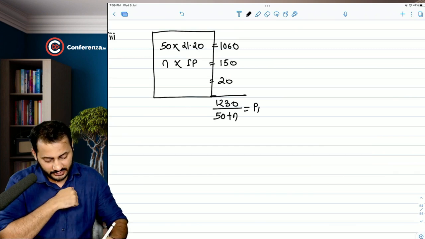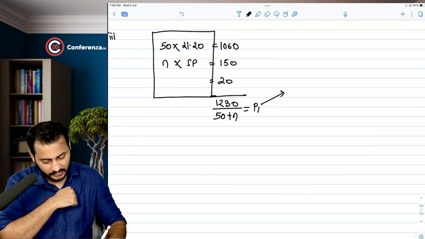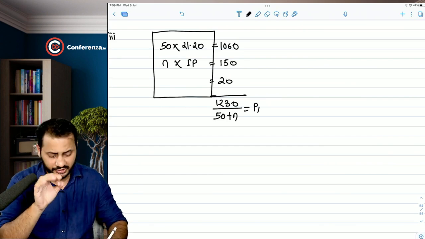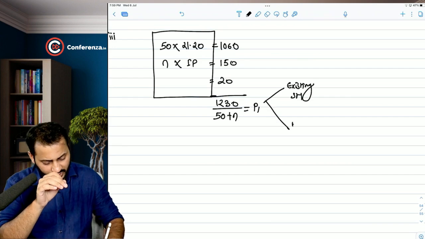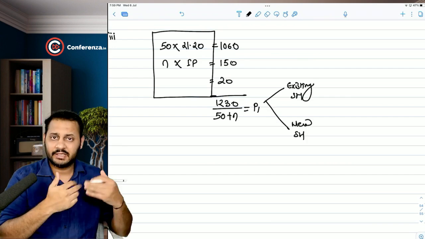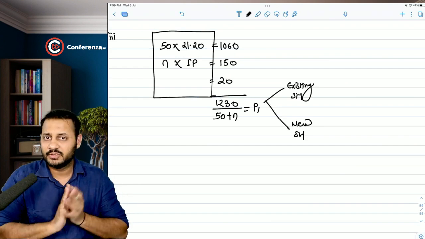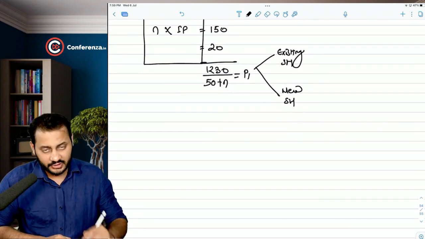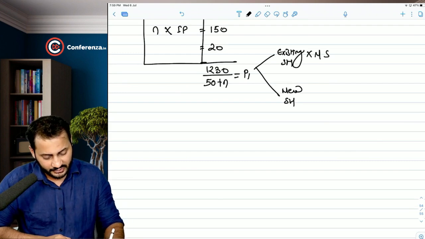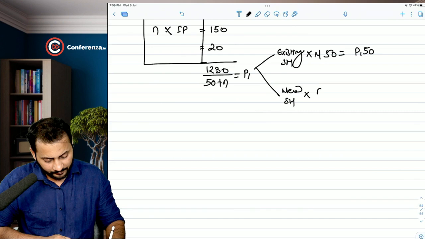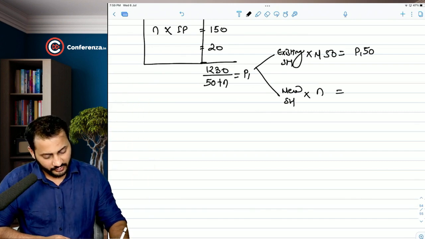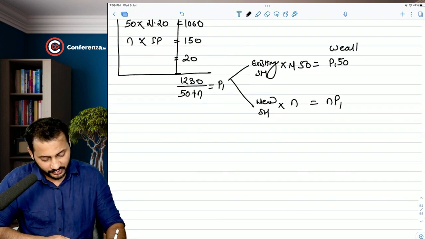This P1 will be the price of the share for existing shareholders and for the new shareholders as well, because both have the same type of shares. Existing shareholders' wealth is P1 multiplied by 50, and the new shareholders' total wealth is N into P1.